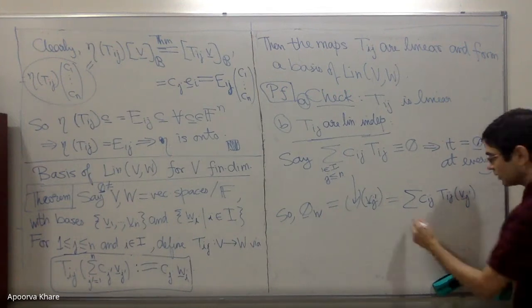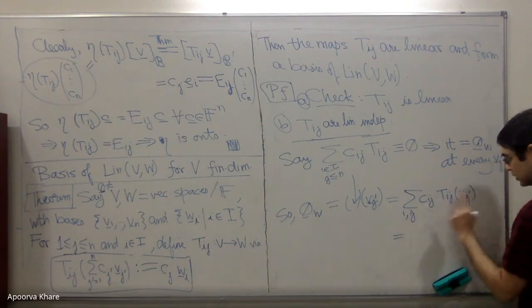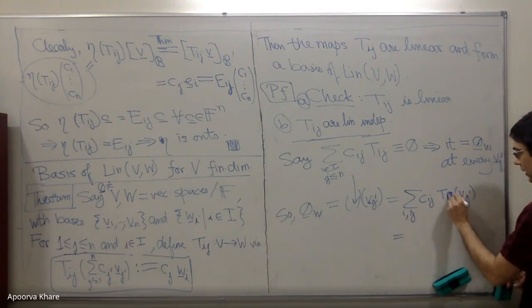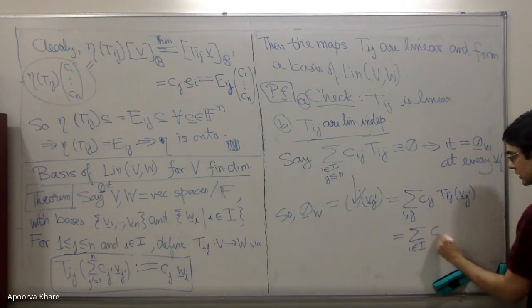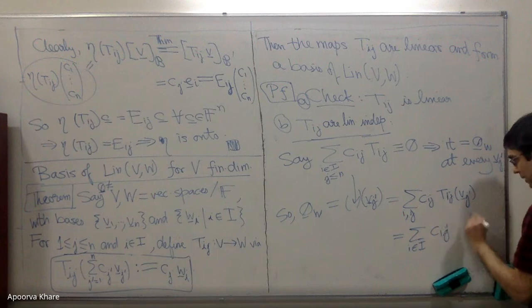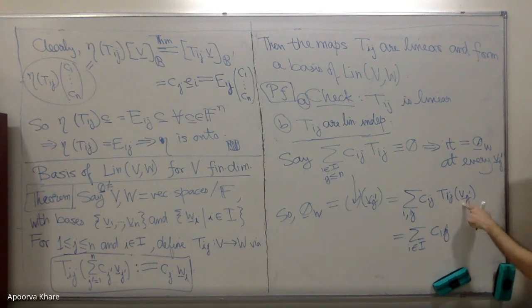So what you get is the summation with i in I of Cij prime, as I said, unless this j matches j prime, you get 0. j prime is given to us. So Cij prime Wi.